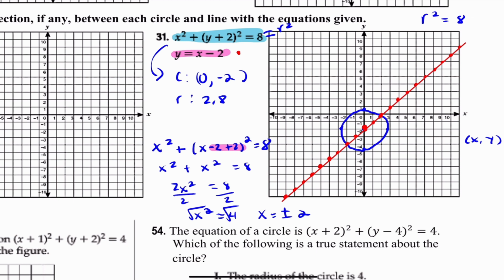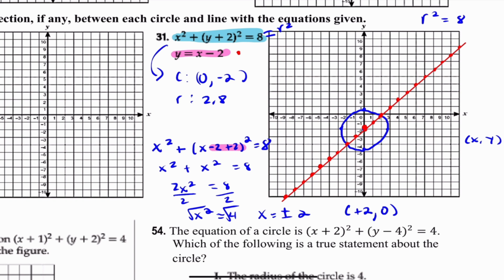So if I plug in positive 2 and I'm looking for y, well, positive 2 minus 2 is 0. That's one of my points. It should be right here.